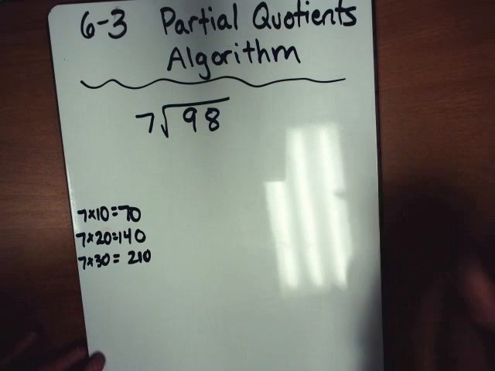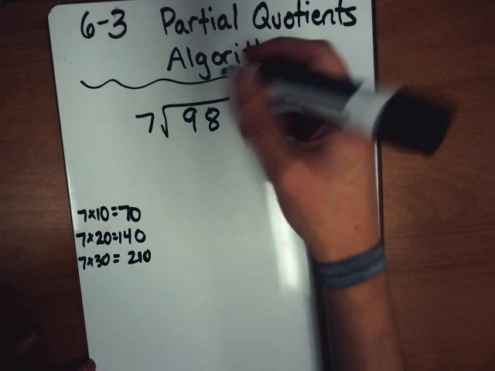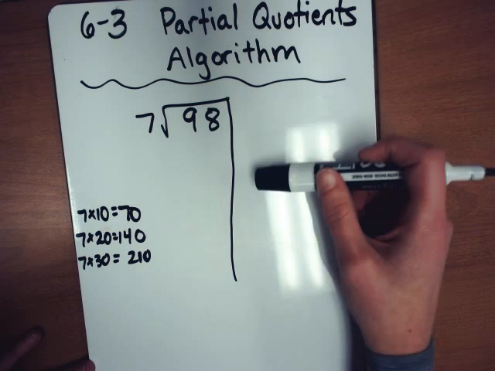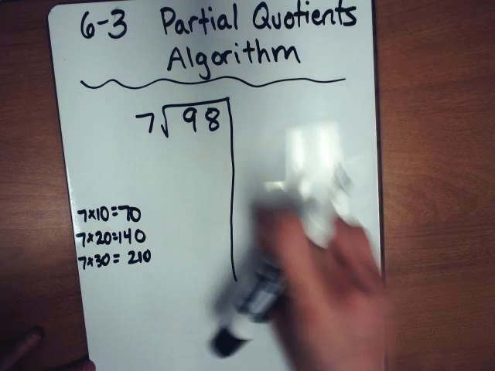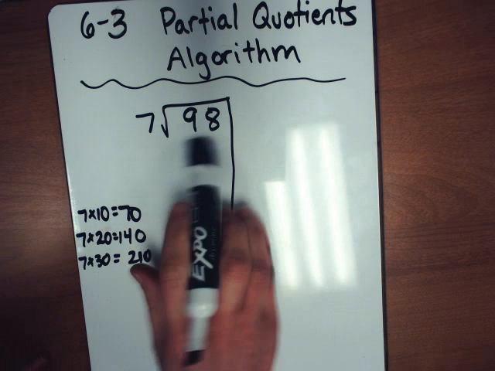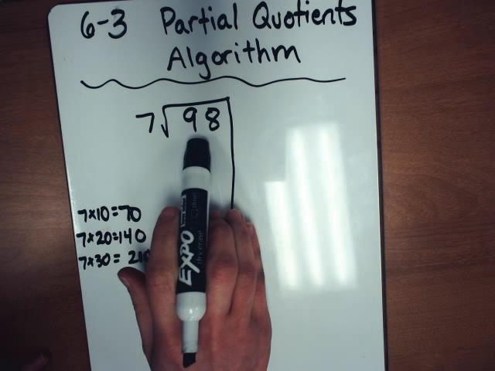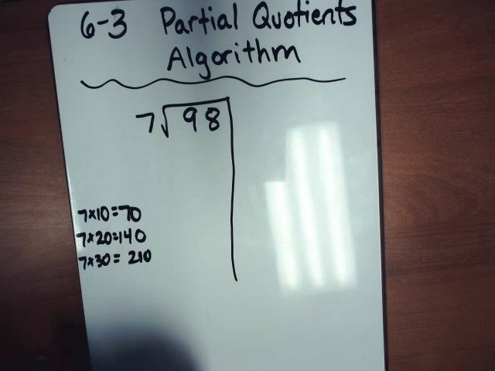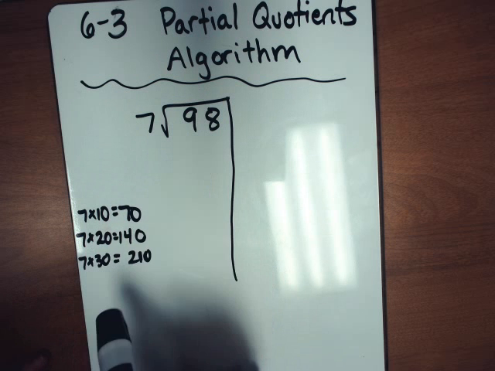So then with the partial quotients algorithm, I'm going to do this big long tail right here, and I'm going to keep track of my different partial quotients, and then I'll add them all up just like we did with that partial products algorithm. Okay, so I have 98 days that I need to share out into 7 equal groups. Okay, so I know that 70 is a close number to 98.